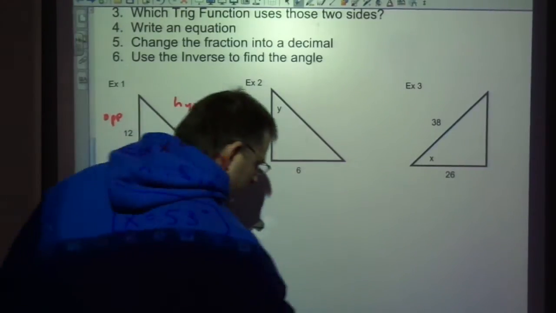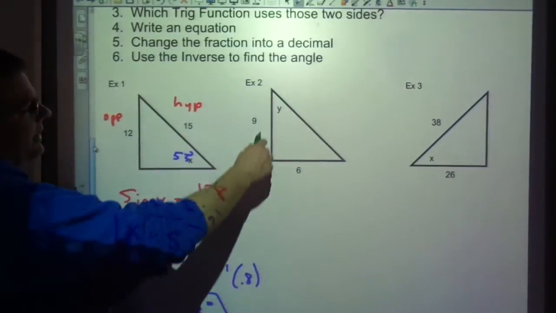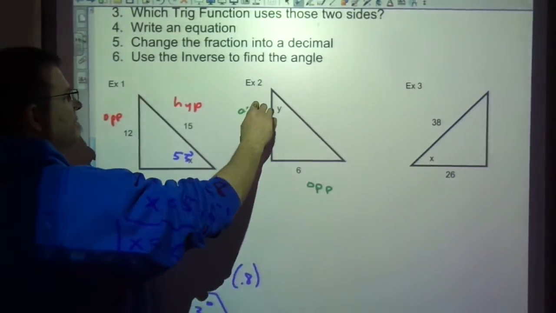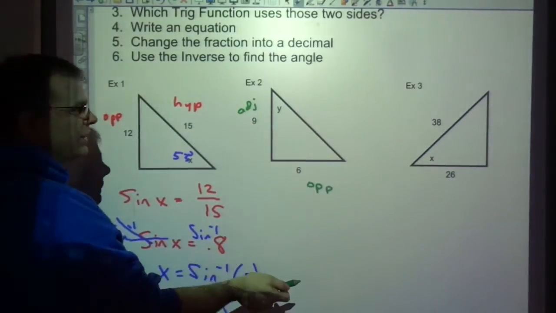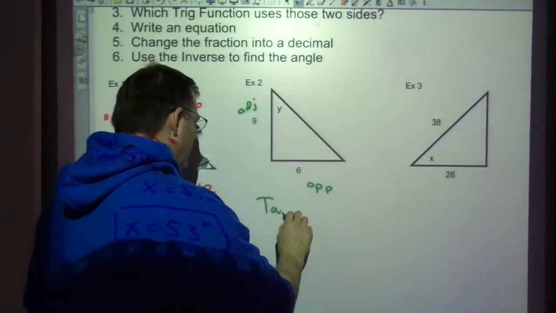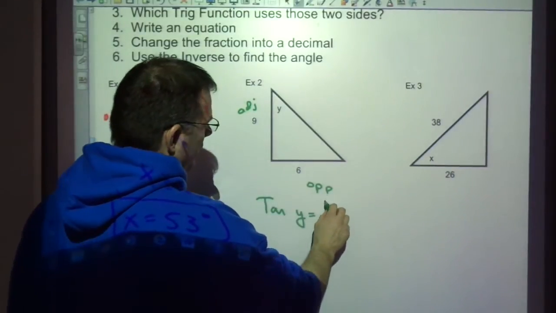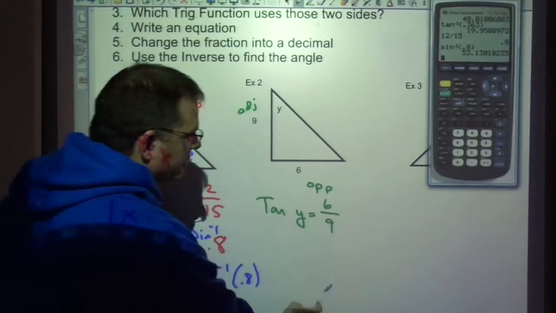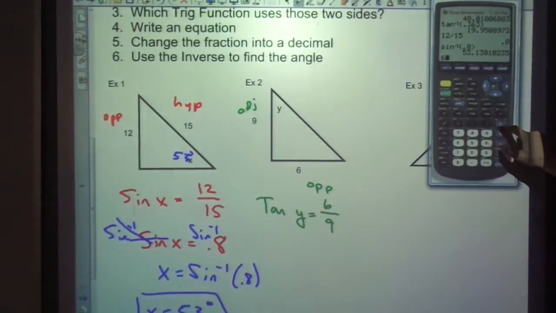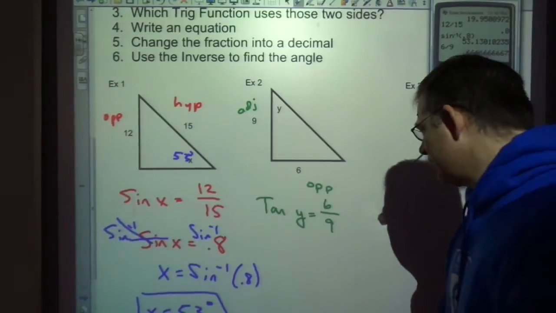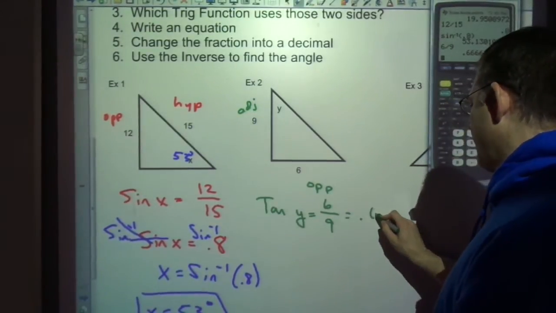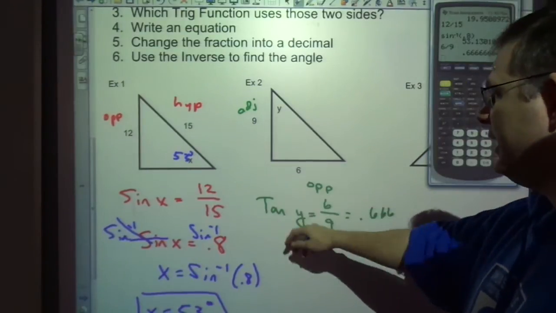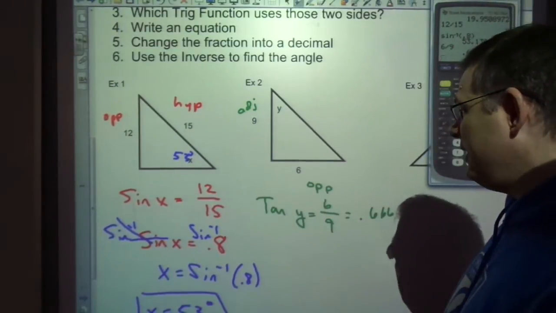Okay? Problem number 2. Here's my angle of reference. Here's my opposite. Here is my adjacent. Opposite over adjacent is tangent. So tangent of y is equal to opposite over adjacent. I'm going to punch this up as a decimal here. 6 divided by 9. That is 0.666. What I'd like to do is get rid of the tangent. I know the tangent of y is 0.66, but I need just y.